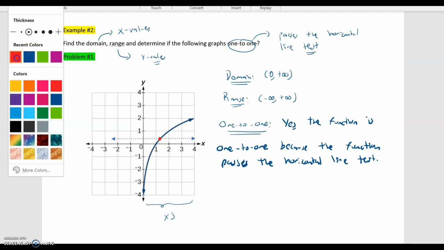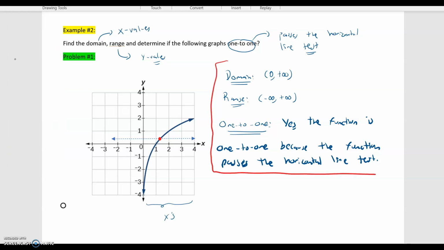And that's actually it for our answer for the first problem, or problem 1. So we're looking at domain and range, and then also if it's one-to-one. In this case, this function is in fact one-to-one.